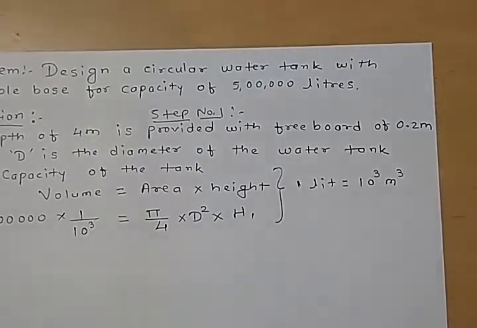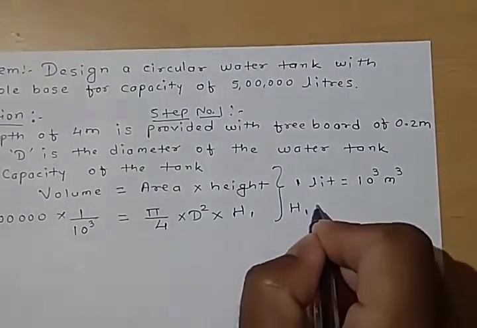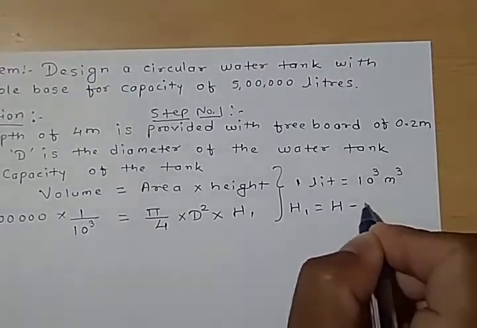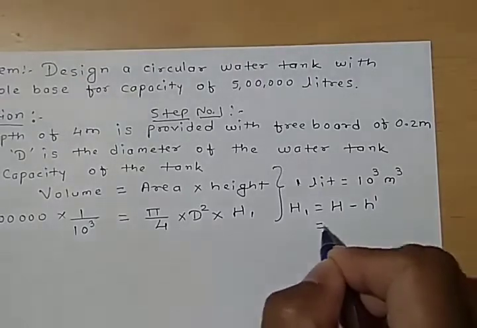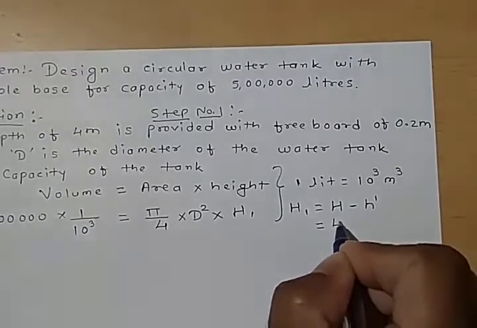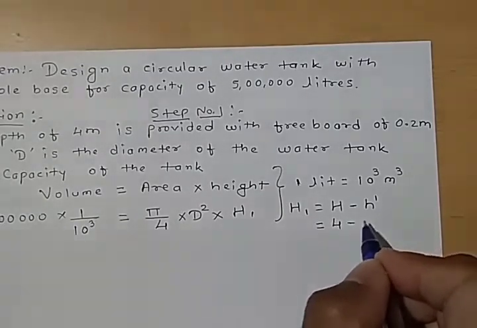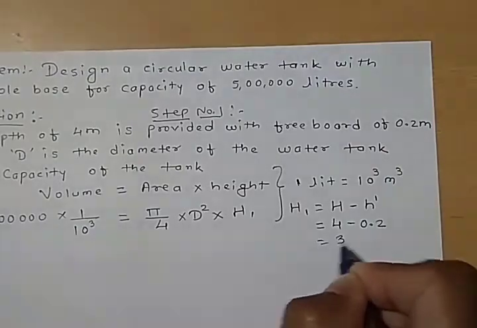And h1 would be capital H minus h dash. Here capital H is 4 meter, the depth we have assumed, and let us consider freeboard, and this will give you 3.8 meter.